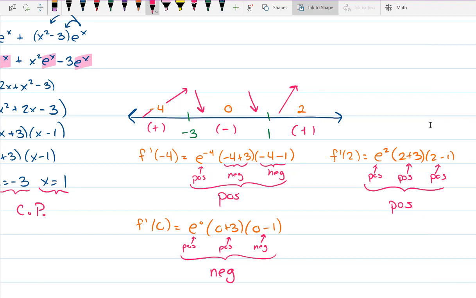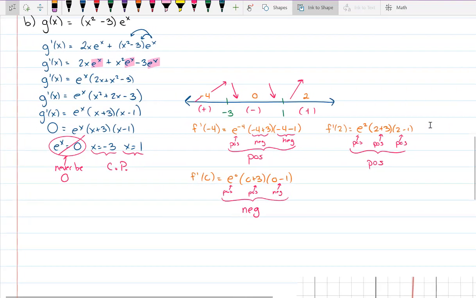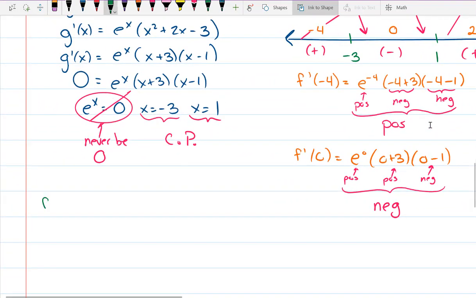Now to figure out what those local max and local min values are, we need to actually evaluate the function at those points. And I'm going to do that over here. So I get g of negative 3 is equal to negative 3 squared minus 3 times e to the negative 3.